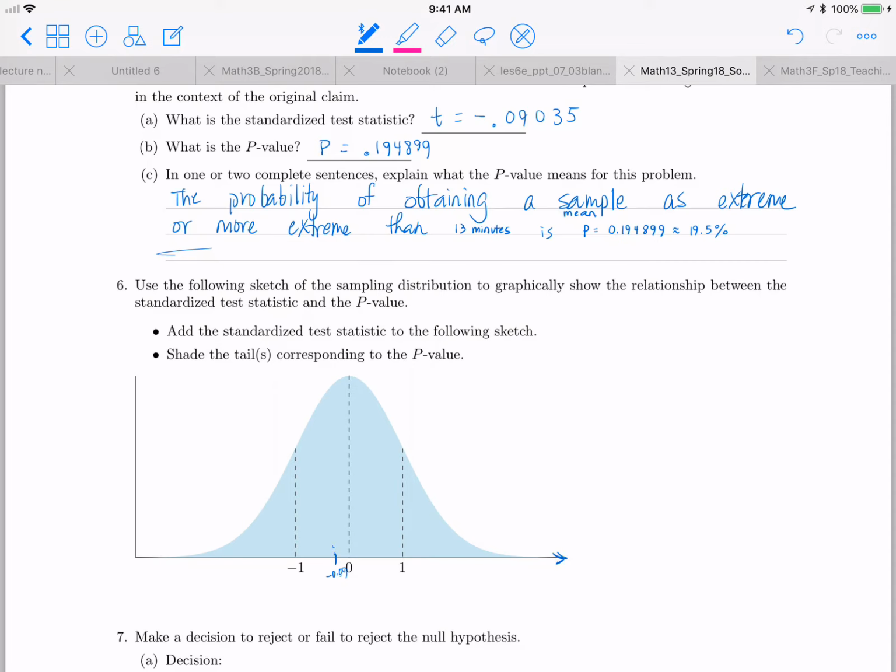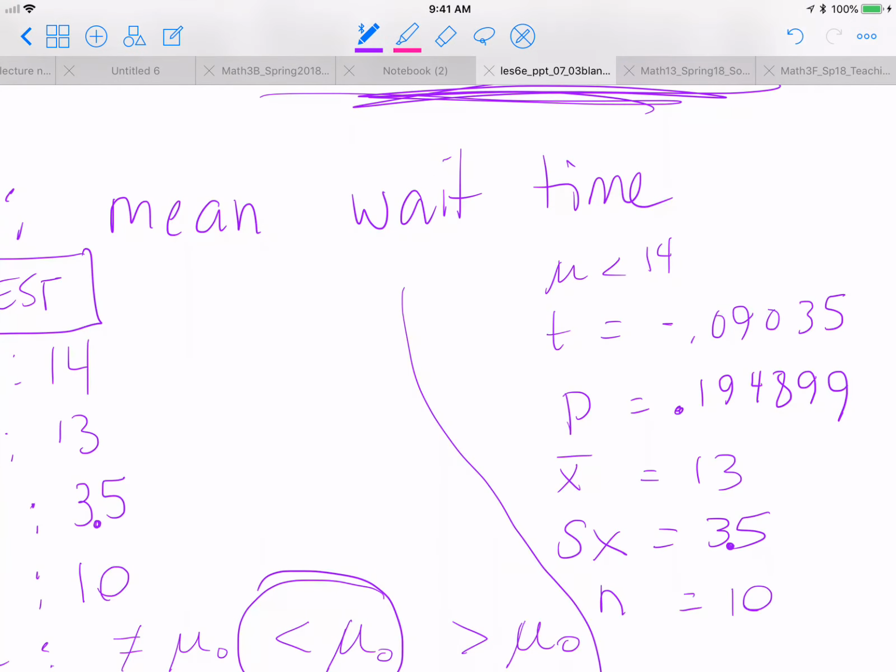At 0.19, this area doesn't look right, maybe my sketch is off, that this area is equal to 0.194899. Oh, because my t is not negative 0.09, my t is negative 0.9035. Oh, I am so sorry. I keep making errors here.